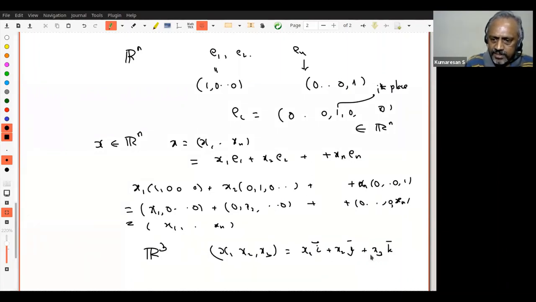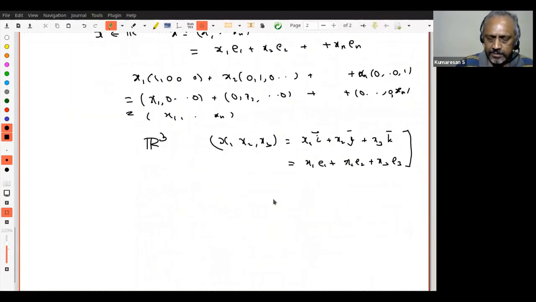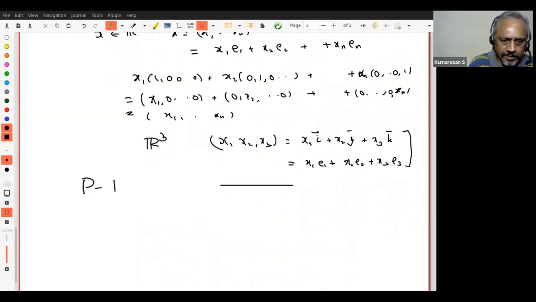You call i, j, k the basic vectors. In our notation, this is nothing other than x1 e1 plus x2 e2 plus x3 e3. So this generalizes what you learn in your vector algebra. Hopefully these are all the preliminaries I need now. So pause, review and proceed.